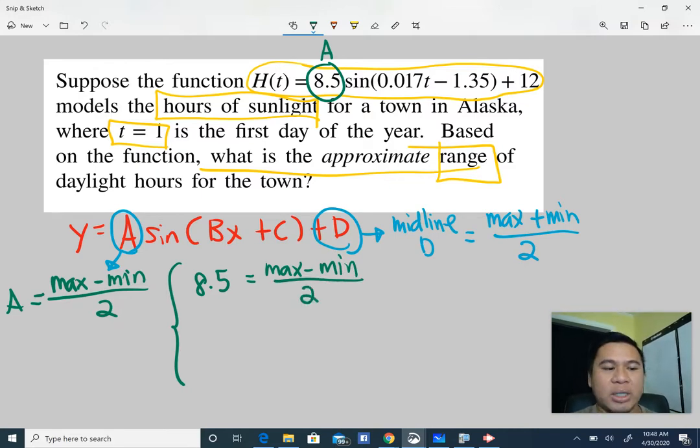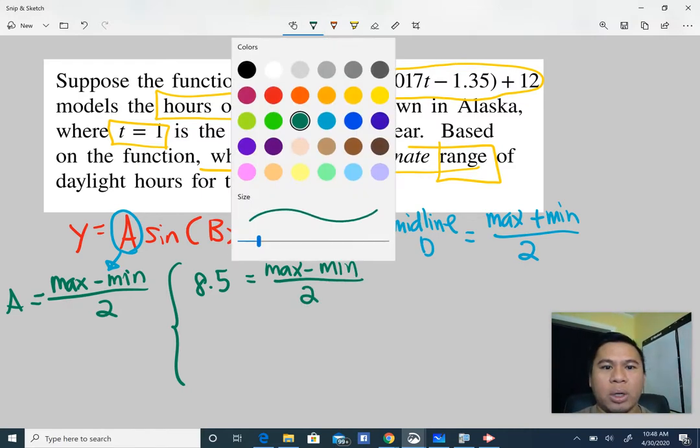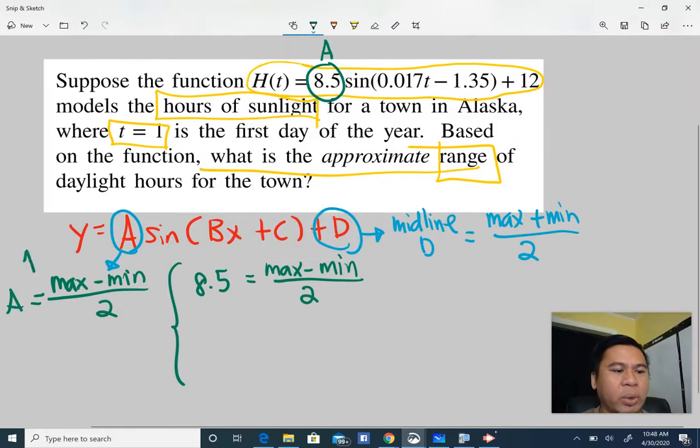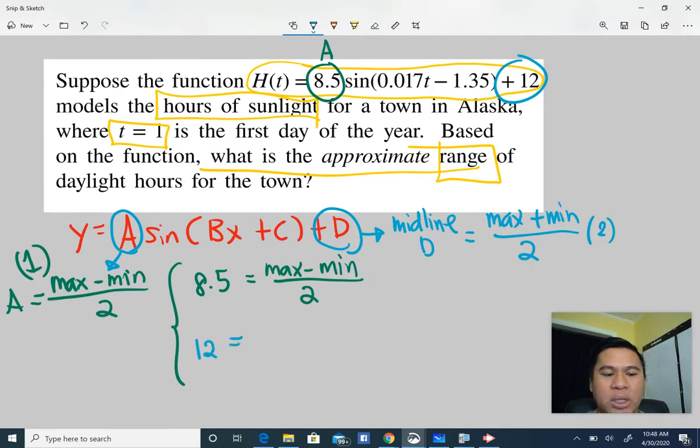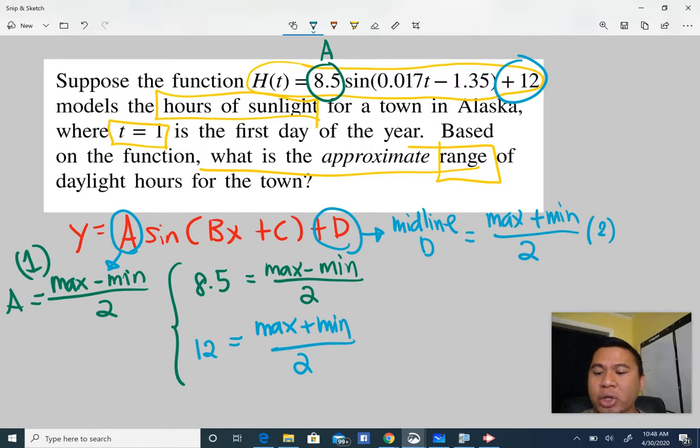For our second equation, we're going to use our midline, and our midline here is 12. So we're going to put 12 is equal to maximum plus minimum all over 2. So we have two equations and two unknowns, maximum and minimum. And we can solve this either by elimination or substitution methods.